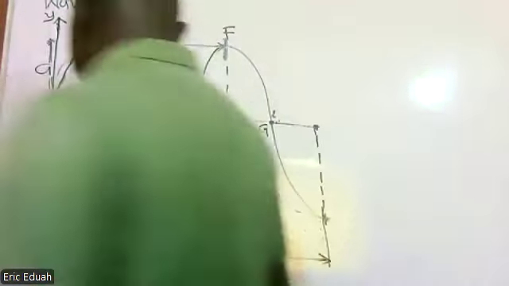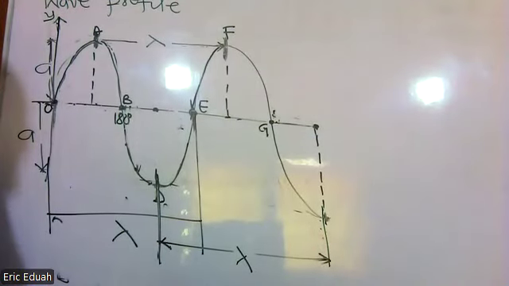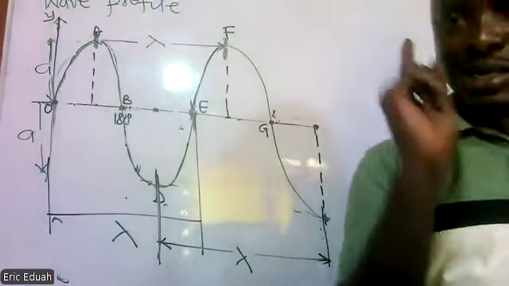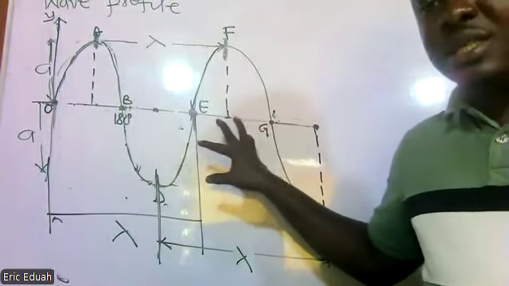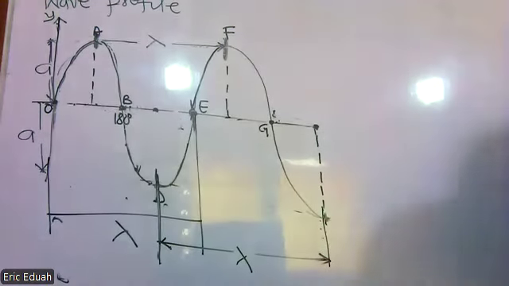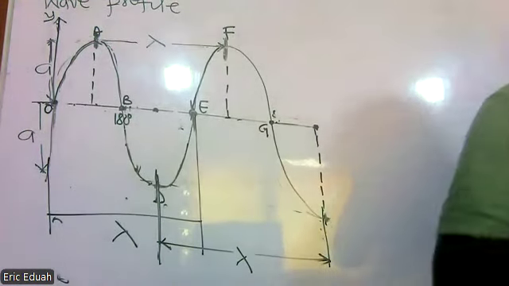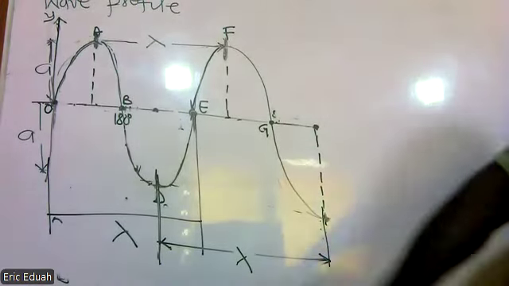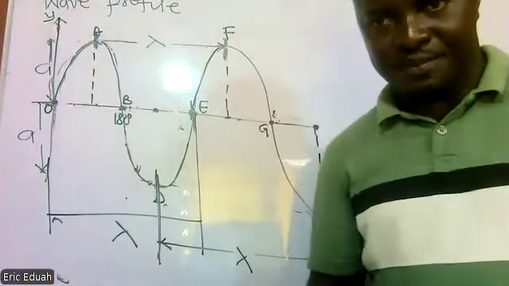So when we talk about frequency, we are talking about the number of complete oscillations or cycles a wave makes within a given time. But often for frequency, we peg it to 1 second. So frequency of oscillation is the number of complete oscillations or cycles a wave makes in 1 second.